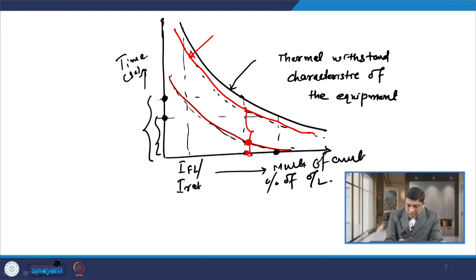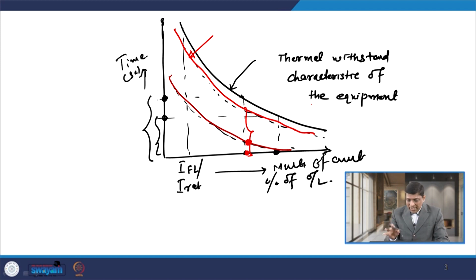So, if I use this lower characteristic, then it cannot fully exploit the thermal withstand capability of the equipment which we want to protect. That is why we have to consider the thermal relay characteristic which is just exactly below the thermal withstand capability curve of the equipment which we want to protect.